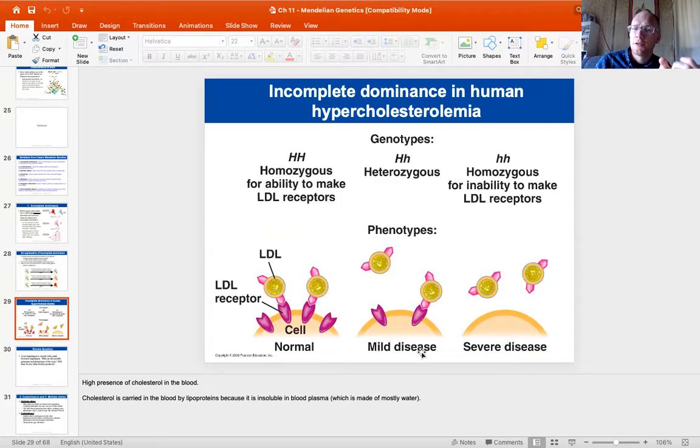We can have normal cells, we can have those people with mild disease, but the people who are really affected are those who get the disease genotype from both parents. This can often lead to fatal or extremely problematic disease cases.